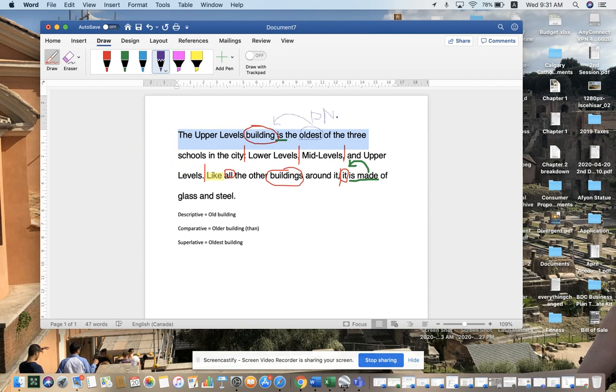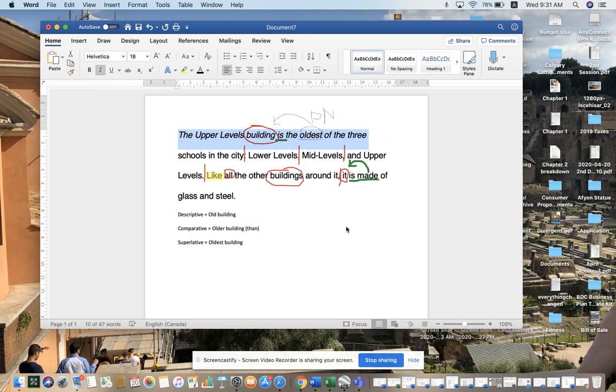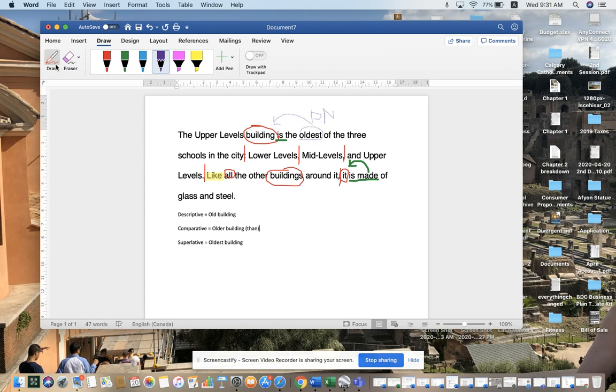and, let me see if I can go back. For some reason it just highlighted and it didn't. All right, there we go. Sorry about that. Once again, we have of, and of is going to separate our superlative, the oldest building, from something else.